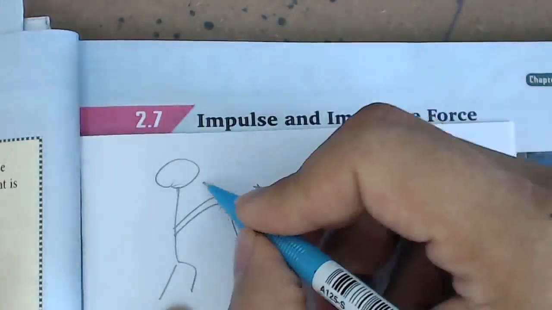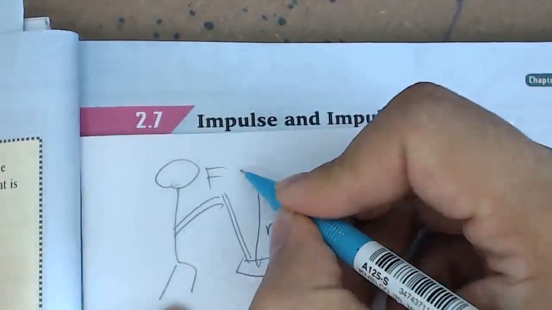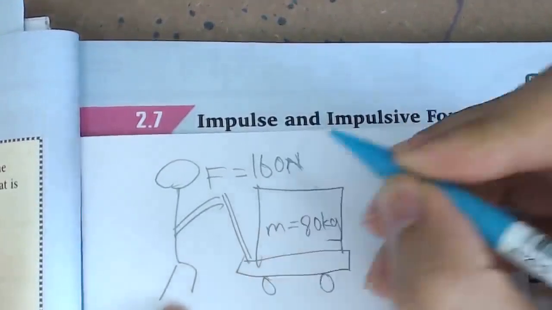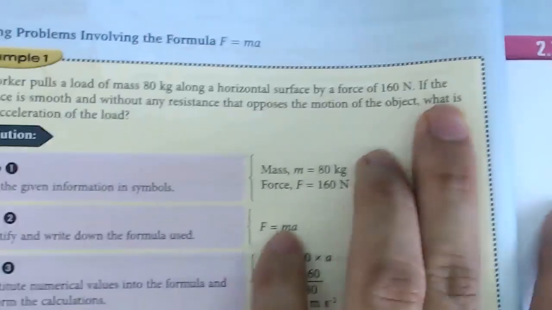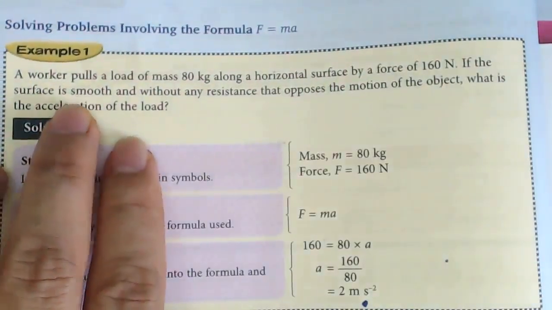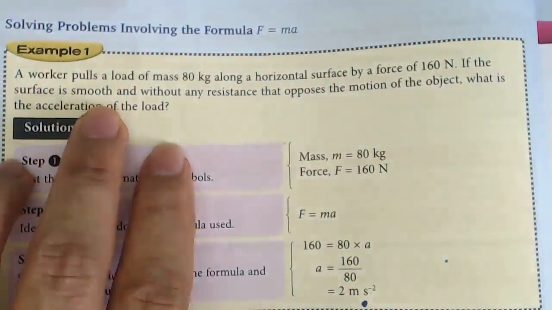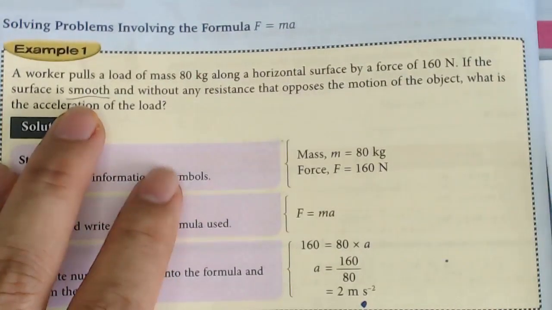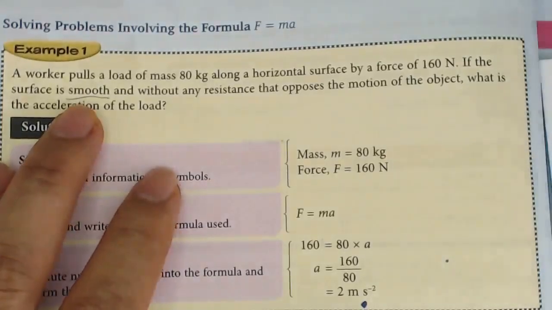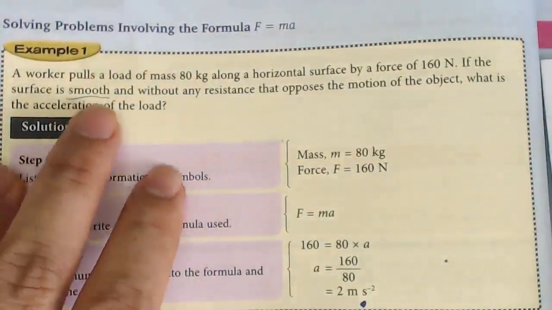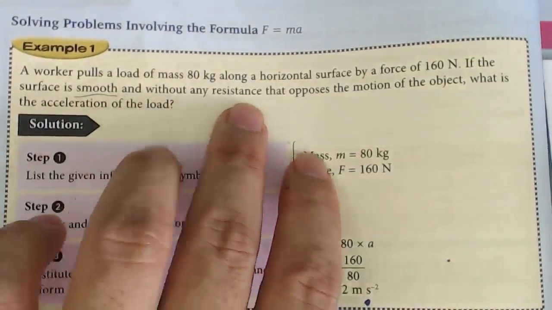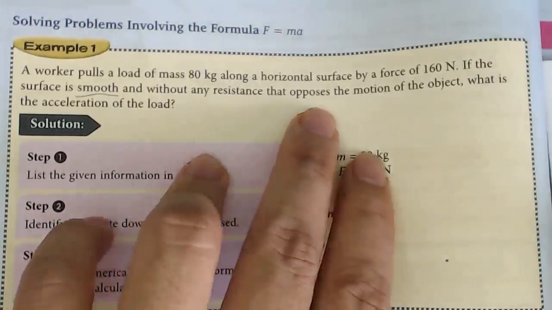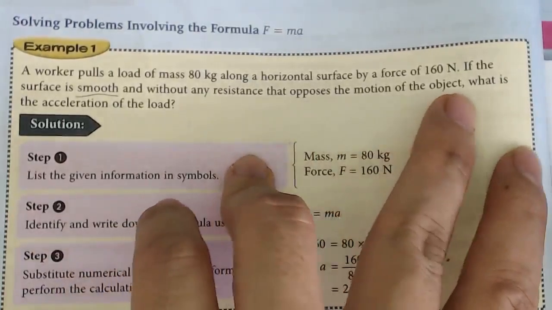So this hand exerts a force of 160 Newton. If the surface is smooth, which is another piece of information, it means there is no friction, so we don't have to worry about the force of friction, and without any resistance, such as air resistance, that opposes the motion of the object.